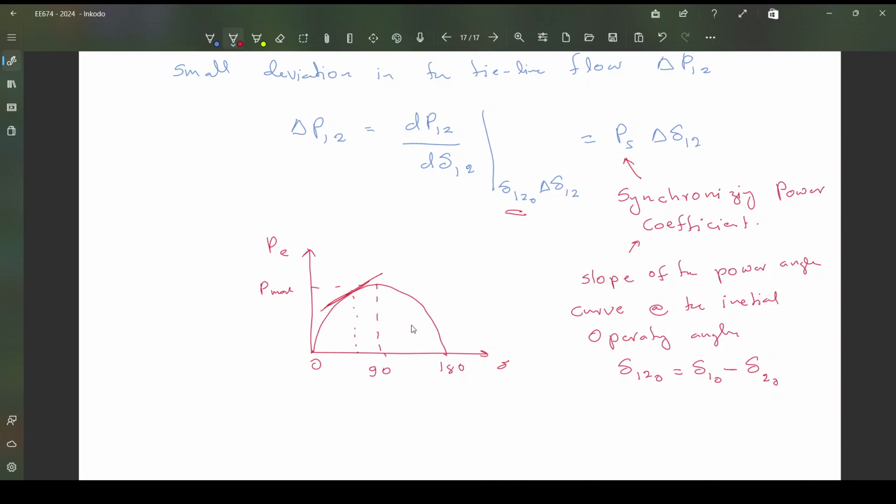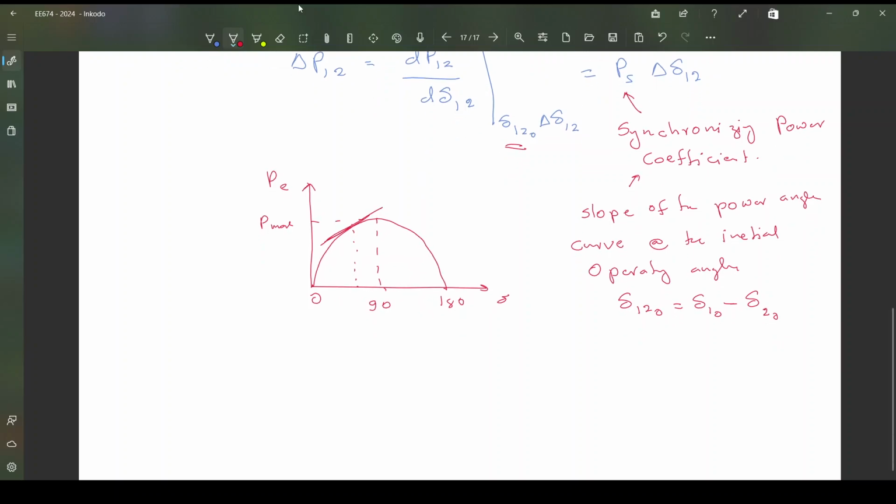So we can calculate the synchronizing power coefficient. PS is equal to d P12 over d delta 12 at the initial angle delta 12 zero.